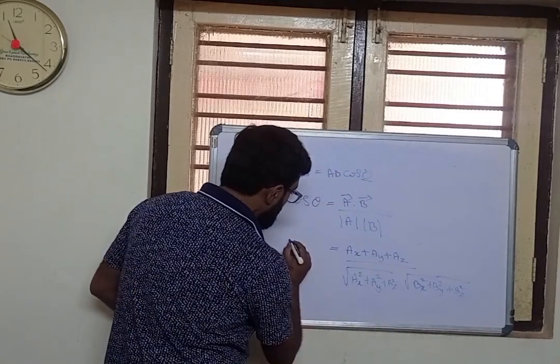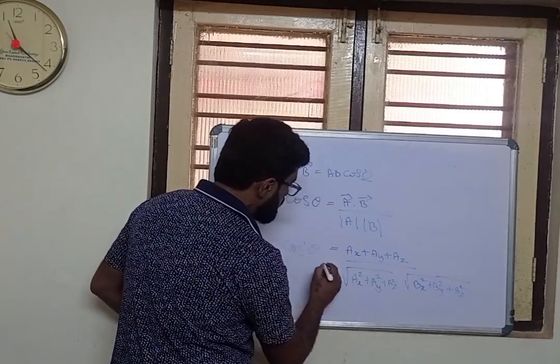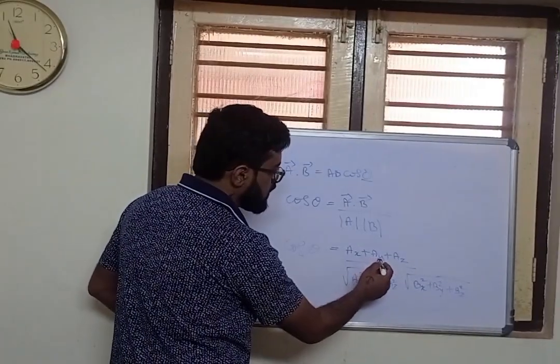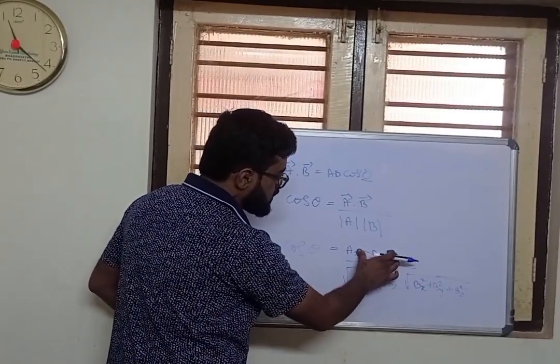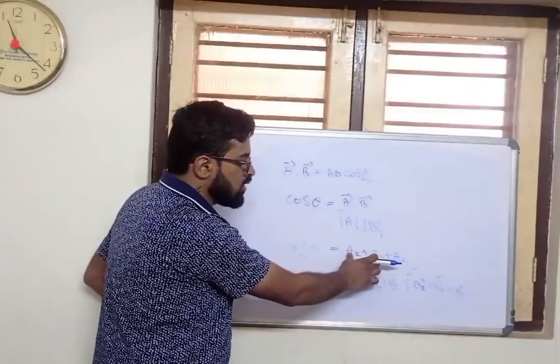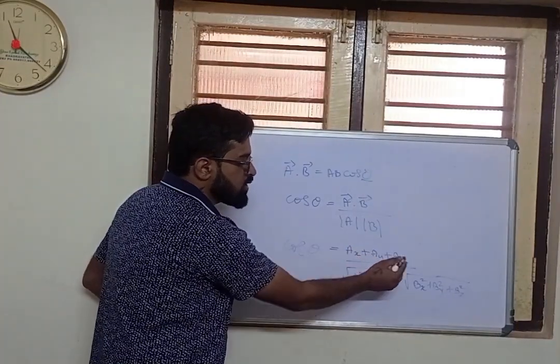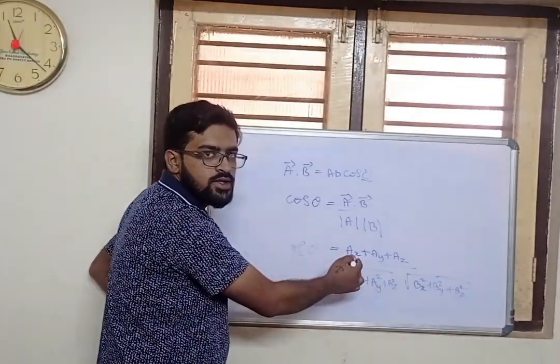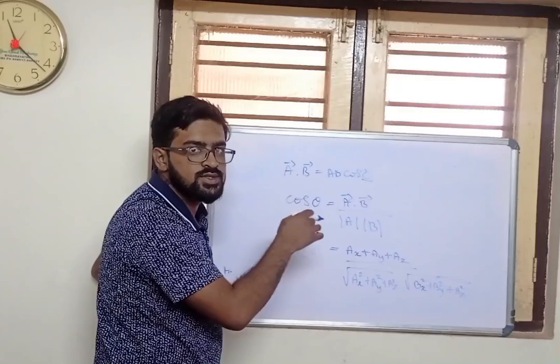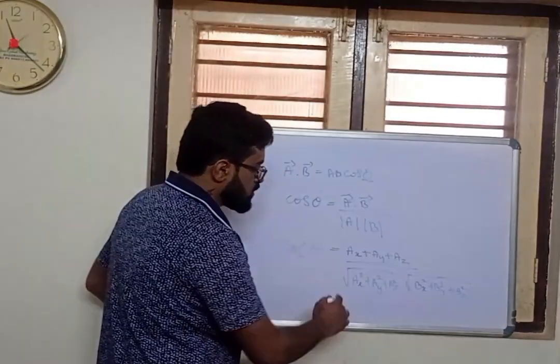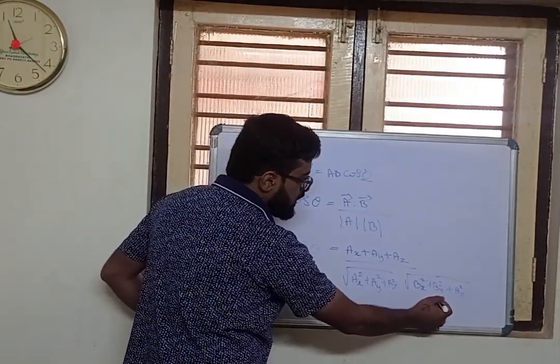So we have got cos of theta is equal to ax plus ay plus az. This value I'll confirm. Suppose it is wrong here, I'll correct this equation in the previous step. So this is the magnitude of A and B.